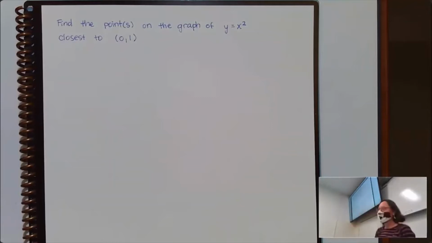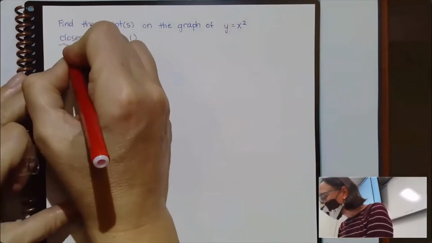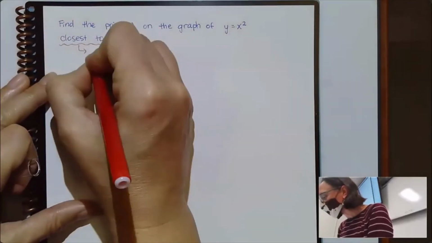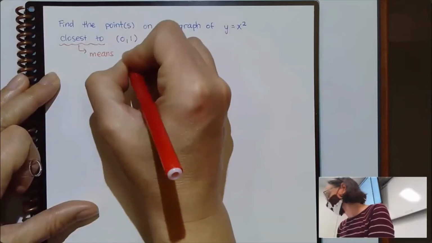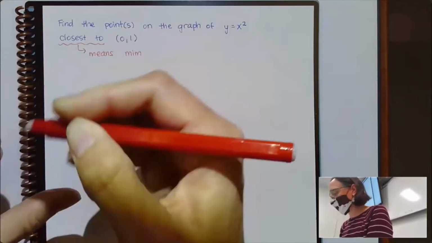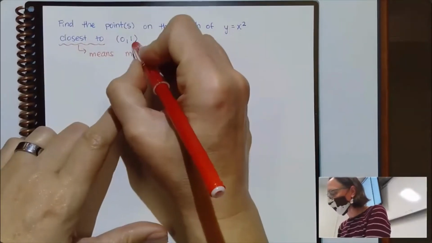We're measuring the distance between these two things. So that phrase "closest to" really means minimize the distance, or shortest distance. Closest to means minimum distance.